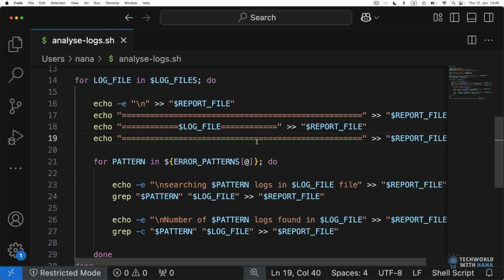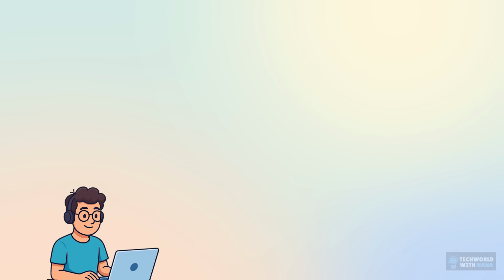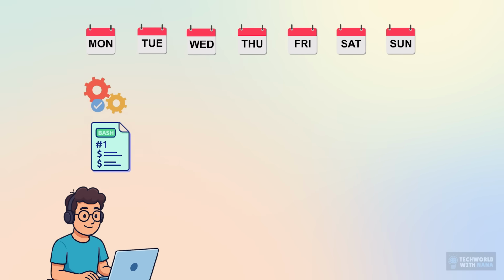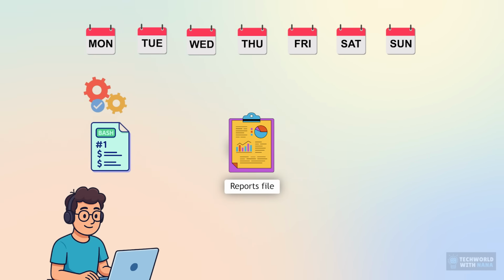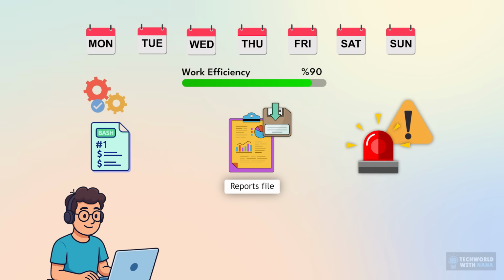Great. Now let's do one final optimization to our logic. Let's say we run this script every day, and every day it writes the log analysis into this reports file, right? Now let's say we want to make our work a little bit more efficient, and we want the code to do the analysis, and after saving it in the report file, to tell us right after execution if there is something that needs our attention.